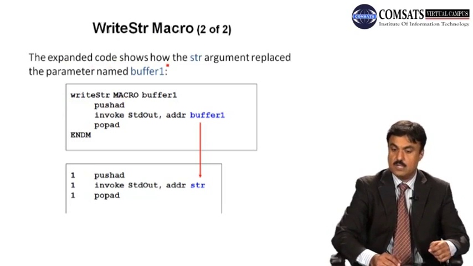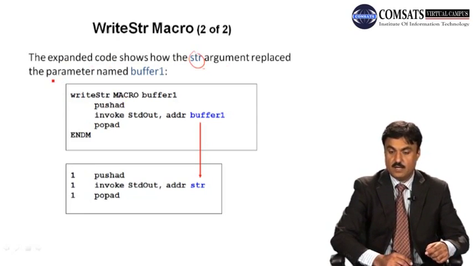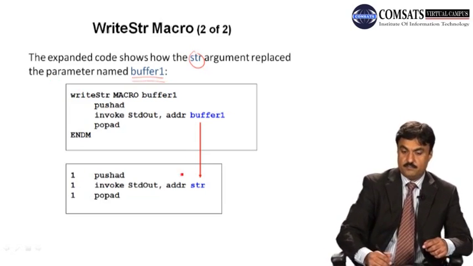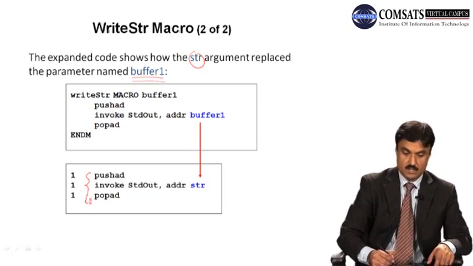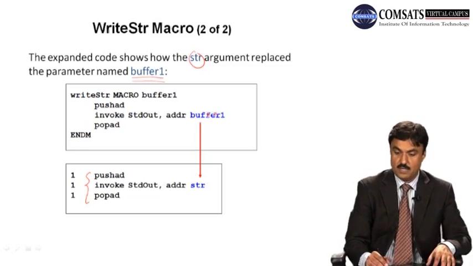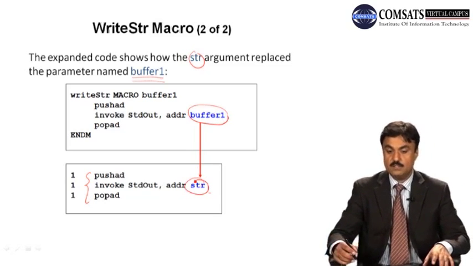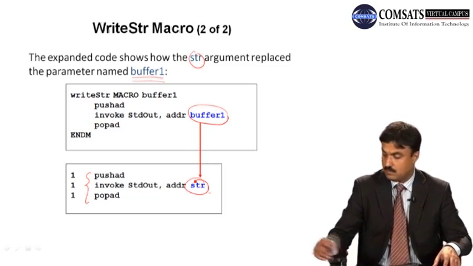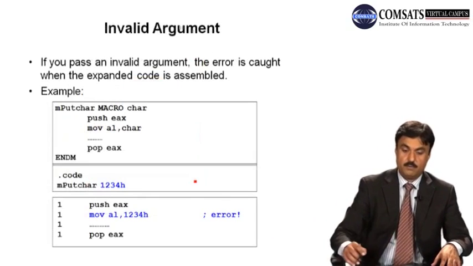The expanded code shows how the string argument is replaced by the parameter named buffer1. When we invoke this, all these 3 statements are replaced in the main program, and this buffer1 is replaced by str. So you can see the relationship between the arguments that we pass and the parameters inside the macro.